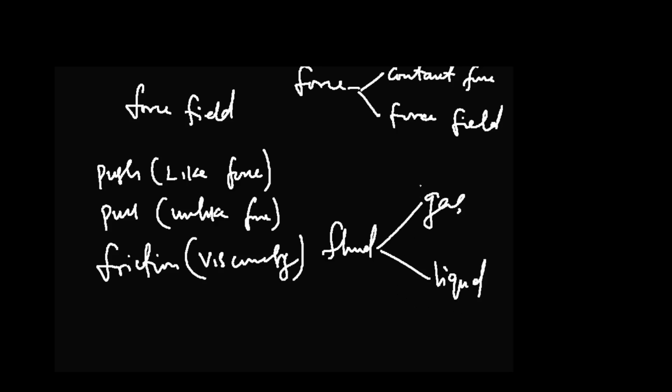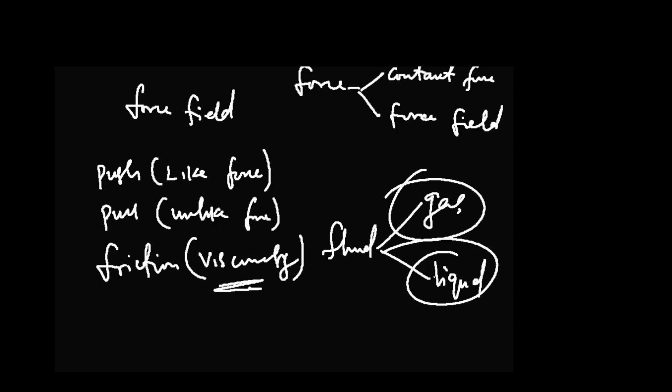When you are considering friction in either of these two, you refer to such friction as viscosity. We rarely consider friction in gas. We mostly consider it in liquid. Whenever we consider friction in gas, that is what we refer to as air resistance.